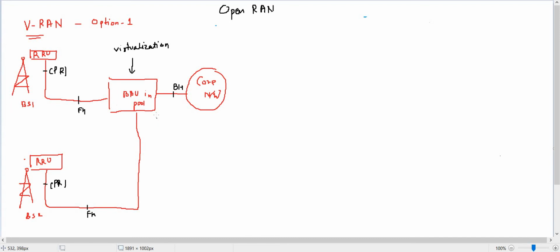Now what we will do is take an x86 server, or you can say a COTS server, and over that COTS server we will install a hypervisor.